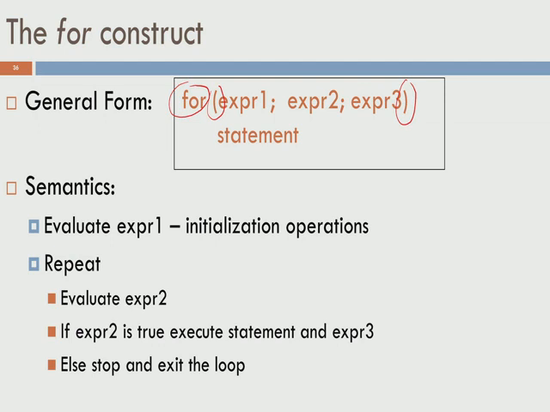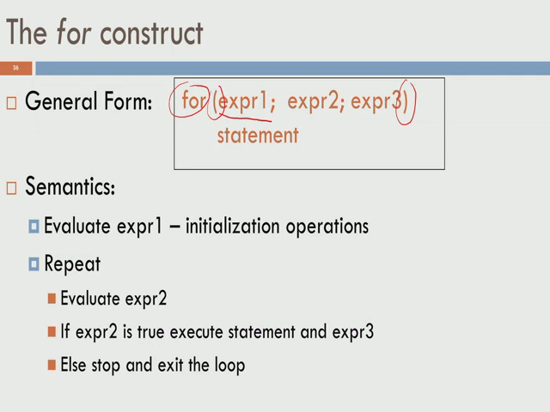The meaning of this is you evaluate expression 1, which is just the initialization, and then you repeat something. You evaluate expression 2. If it is true, you execute the statement and evaluate expression 3.